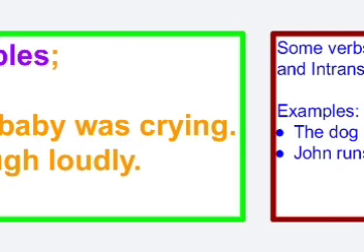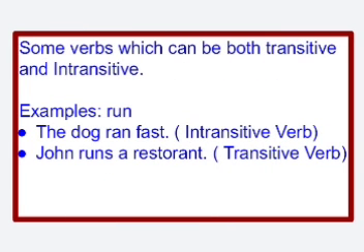However, there are some verbs which can be both transitive and intransitive. Let's explain this with the help of an example. Run. The dog ran fast. You can find out whether it is transitive or intransitive.